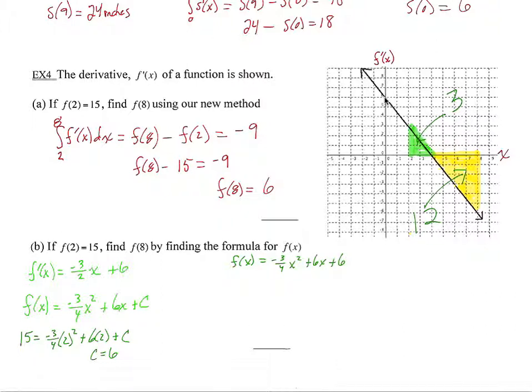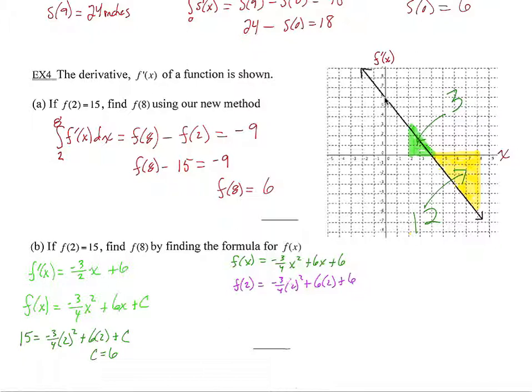And now if we're looking for the value of this function at 8, well then we just plug it into this equation that we've just built, -3/4 times 8 squared plus 6 times 8 plus 6, and we evaluate all of this. Oops, sorry, I'm not plugging in 2.